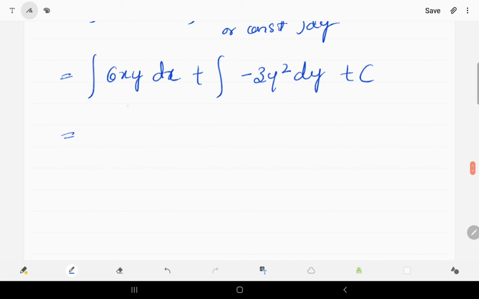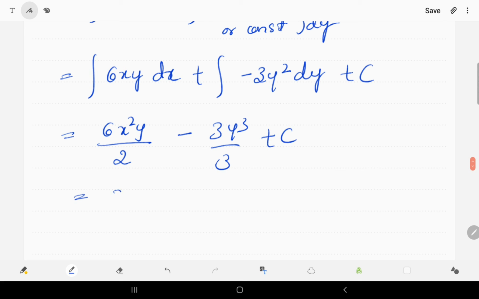Now integration of this with respect to x is 6x square y by 2, minus into minus, plus. Now integration is 3y cube by 3 plus c, or 3x square y minus y cube plus c.